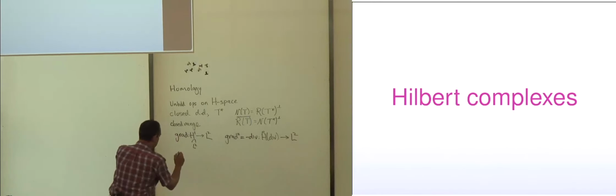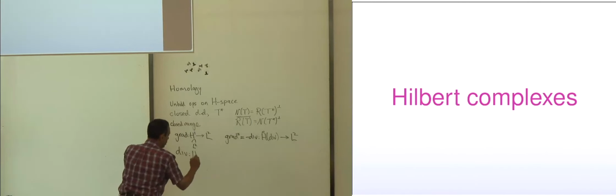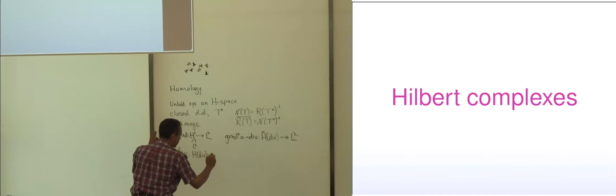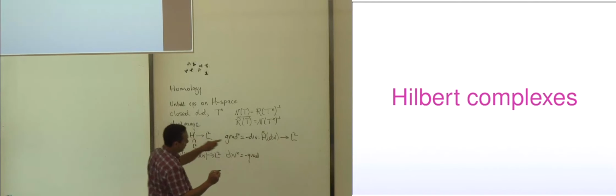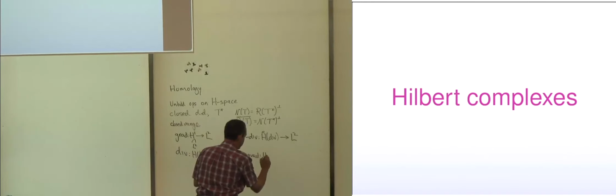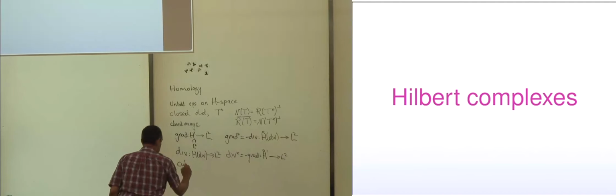And then we also have div from H div, and its adjoint is minus grad, but not minus grad with H1, that would be H0 div, but minus grad with H01. And we also have curl.